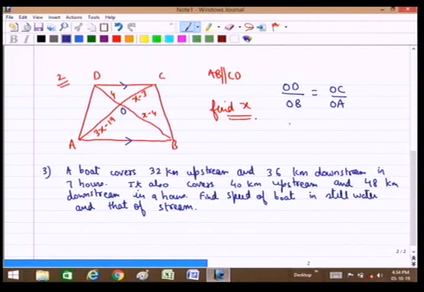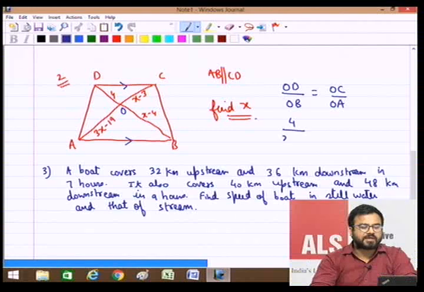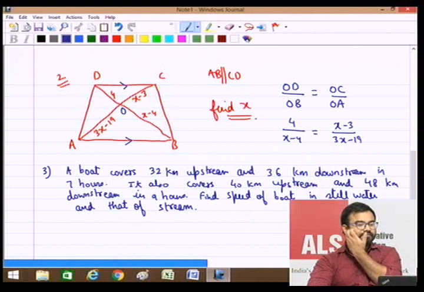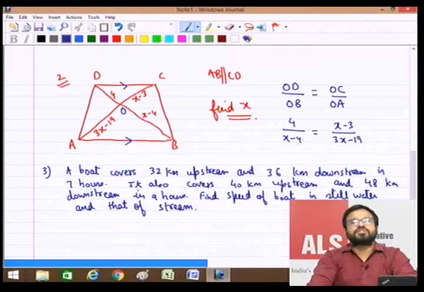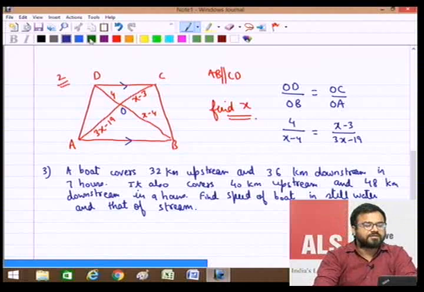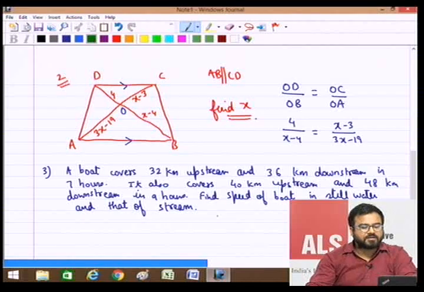So you just have to do OD is 4 over x minus 4 is equal to x minus 3 over 3x minus 19. Now just solve this equation by using cross multiplication. It will be a quadratic one. When we are cross multiplying, we will get 4 times 3x, 12x minus 76, is equal to x square minus 7x plus 12.